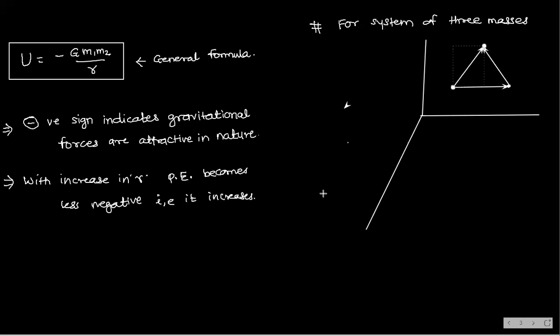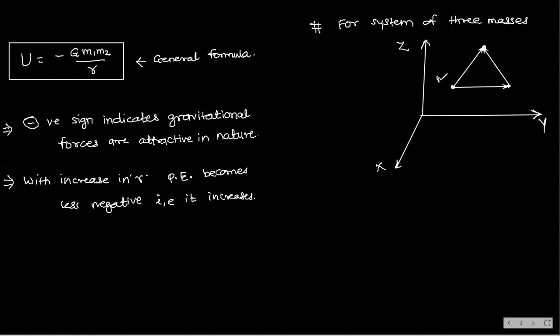There are position vectors we can say, or displacement vectors. Displacement vector, these are. This one is y-axis. This one is x, and this one is z.